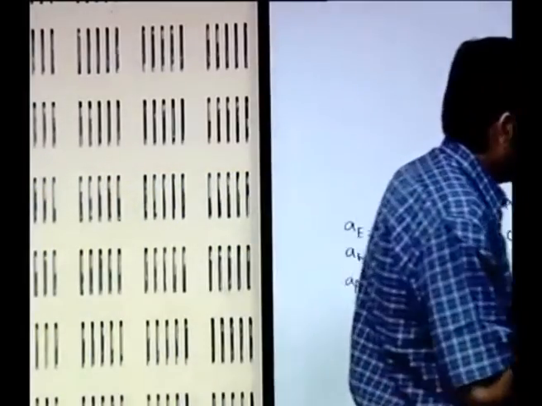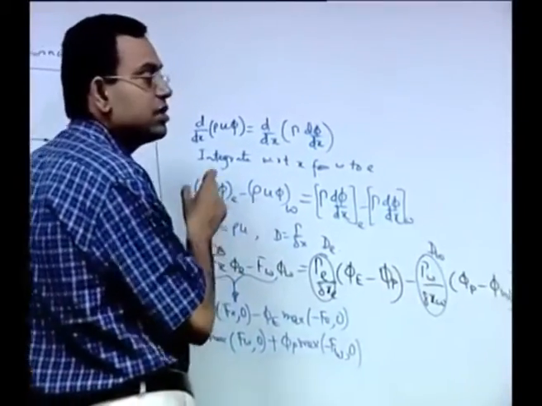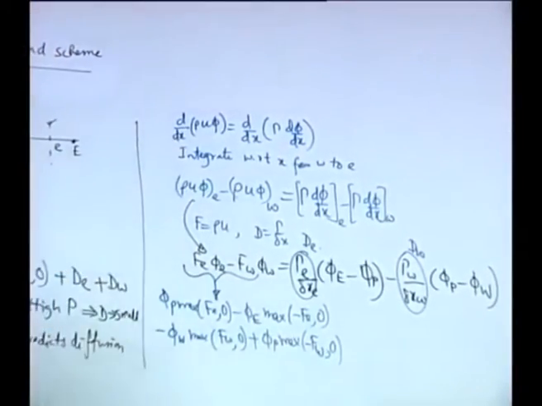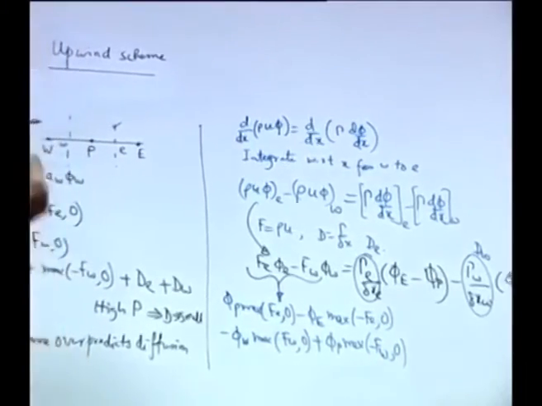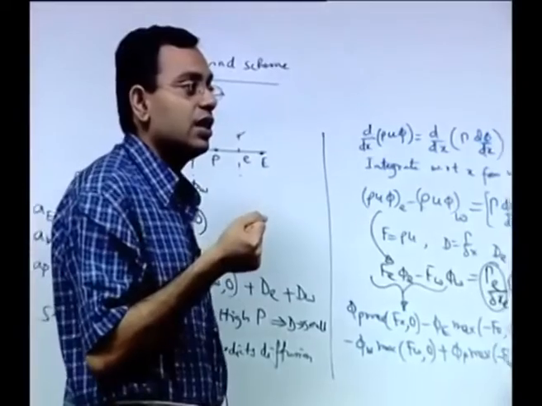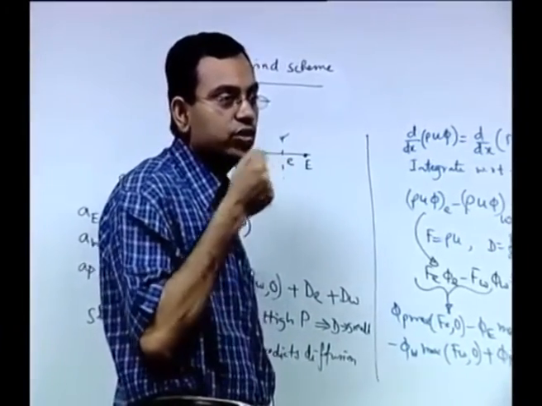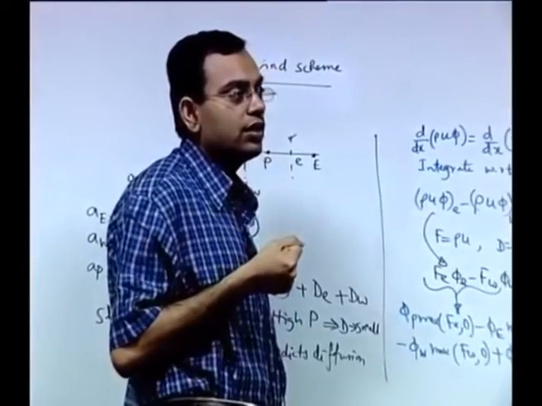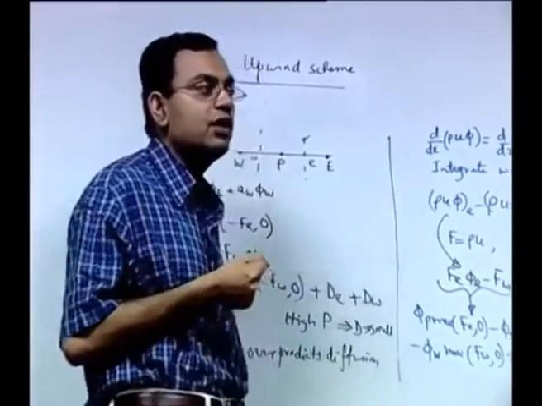Nevertheless, the upwind scheme is expected to behave in a more physically consistent way than the central difference scheme for any arbitrary cell Peclet number. If you keep the cell Peclet number within the limits, that is cell Peclet number is less than 2 in terms of its magnitude, you will see that the central difference scheme works perfectly well.